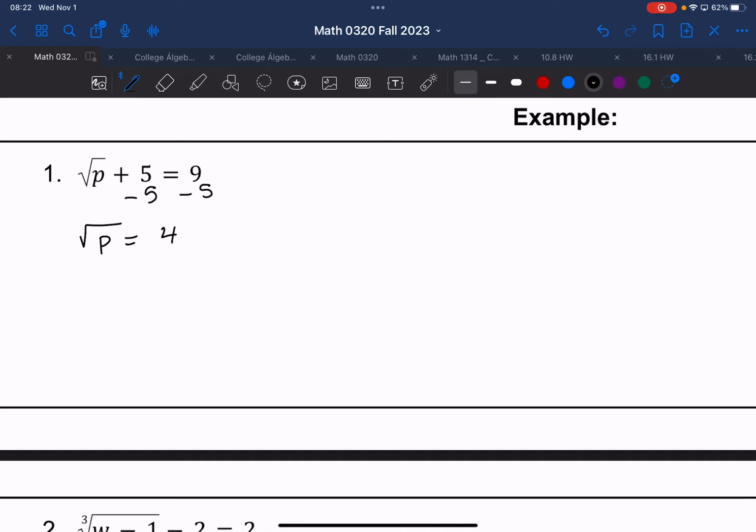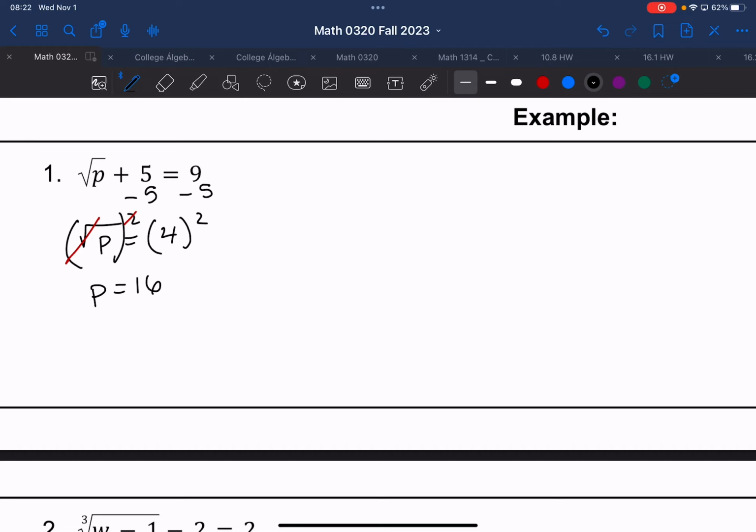Now that we have the radical by itself, we're going to raise both sides to the index. What's the index of the square root? 2. So I'm going to square both sides. When I square a square root, what happens? Cancels. So you're left with p is equal to 4 squared, which is 16.